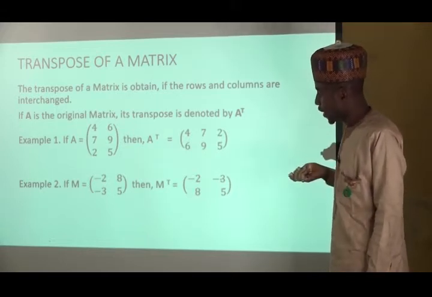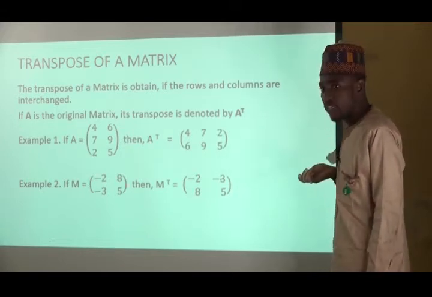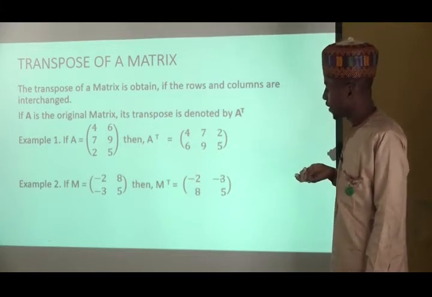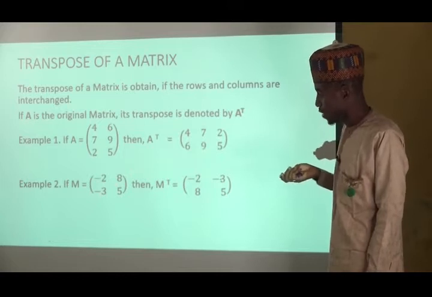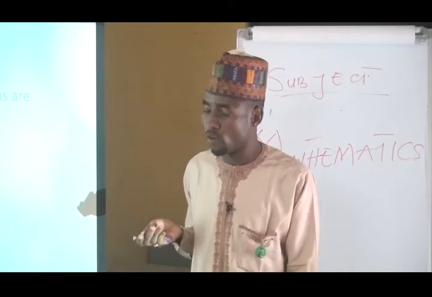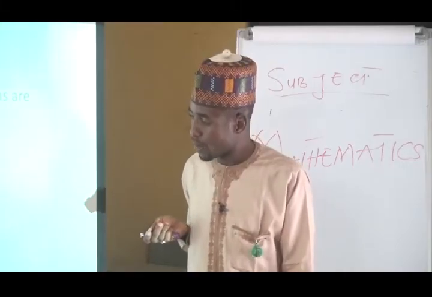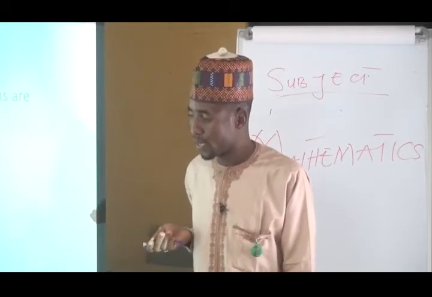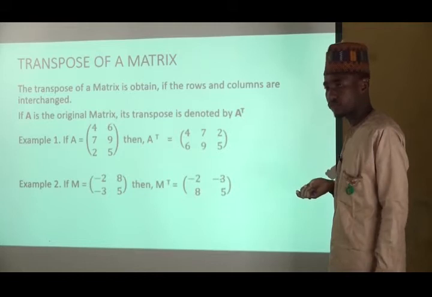The first row in M will now be the first column, which is -2 and 8. Then second row in matrix M will be the second column, that is -3 and 5. Therefore, the transpose of matrix M is a matrix with columns -2, 8, -3, and 5.